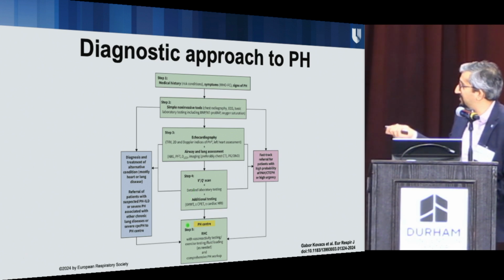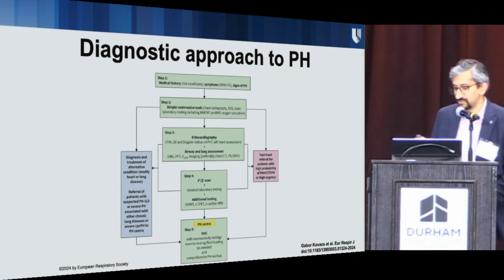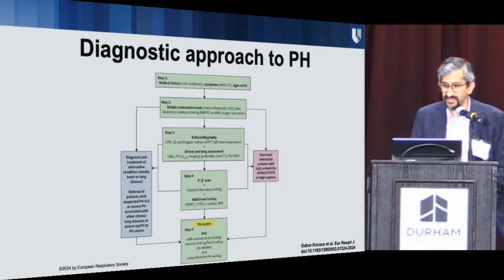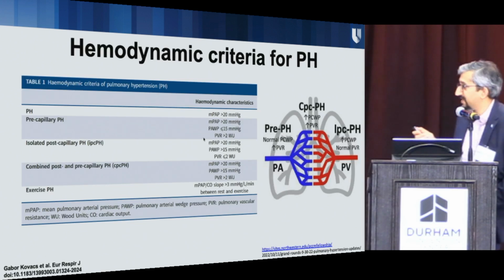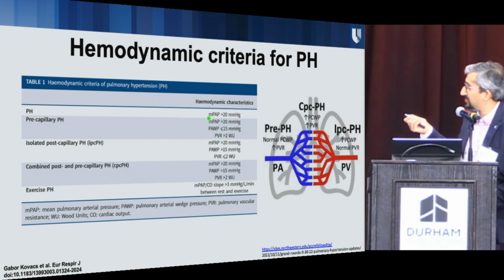Okay. And then ideally, folks will be referred to a PH center where they can get right heart catheterization, which is required for the diagnosis of PH. And at right heart cath, we can look at the hemodynamic criteria for PH. I already mentioned, PH is a mean PA pressure greater than 20.